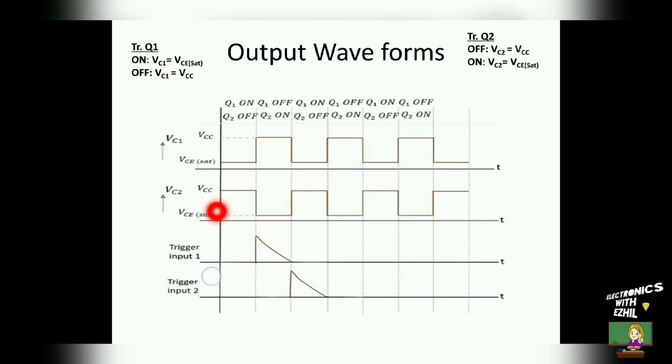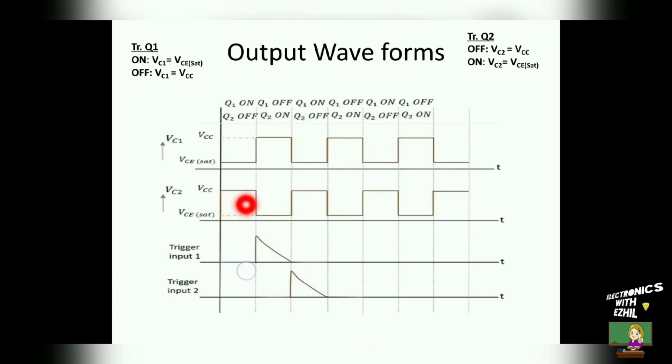With the help of the output of the bistable multivibrator, which is the VC2 waveform, we will understand the reset and set pulses. The output of the bistable multivibrator will stay at logic 1 during the first stable state as per our discussion.